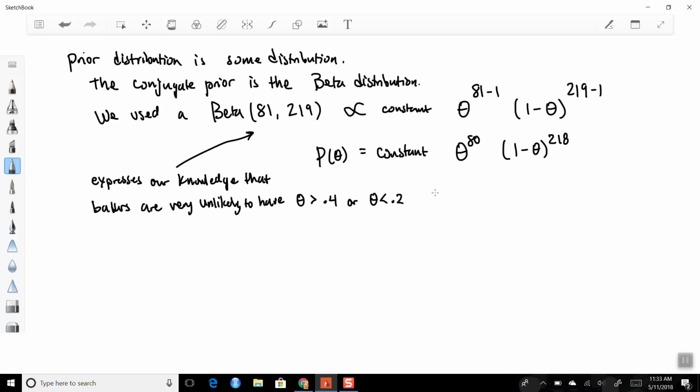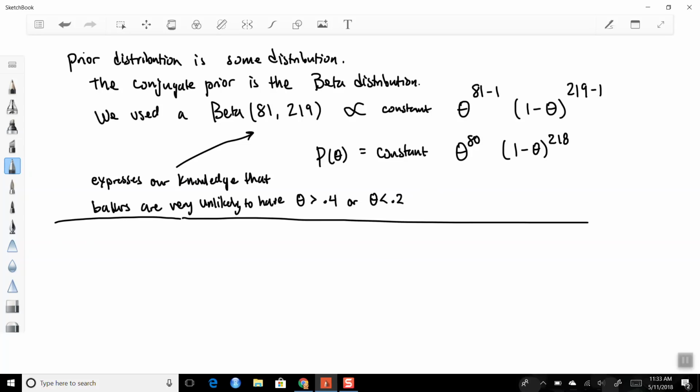Okay, this was just to express our prior beliefs based on our knowledge of baseball, right? That you're not going to have somebody with a batting average of 70%. Okay.